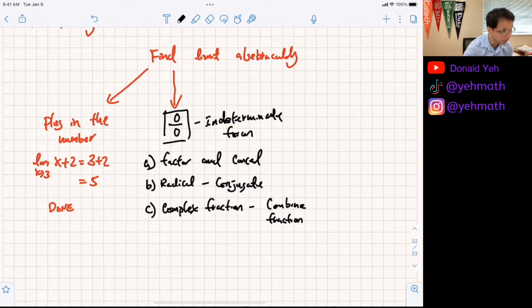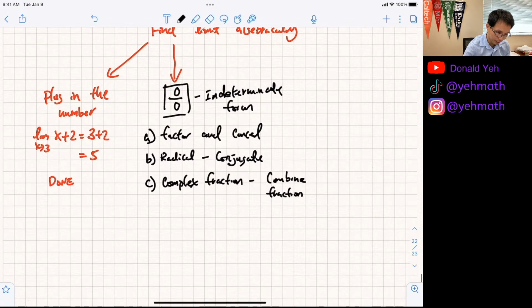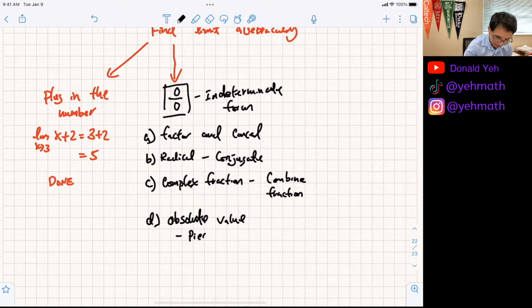That's why it's so important that you actually know what you're doing on the first test, because it's going to relate to this test. Every time you see an absolute value, you're going to do something called a piecewise function and do one-sided limits.